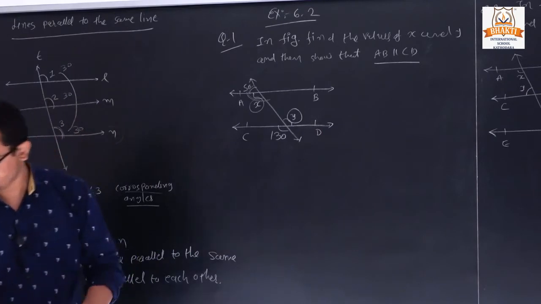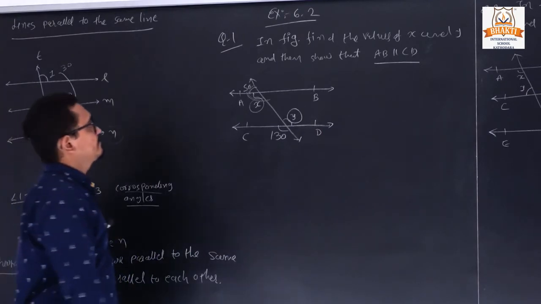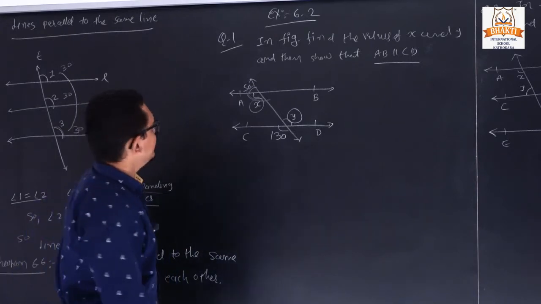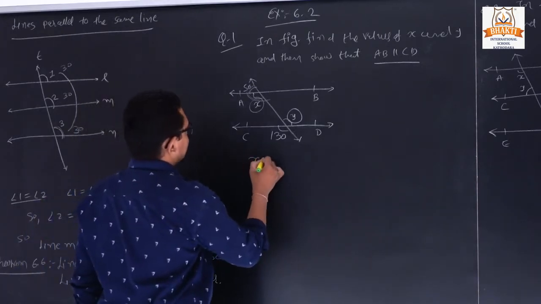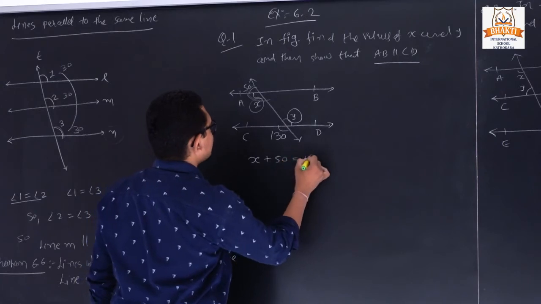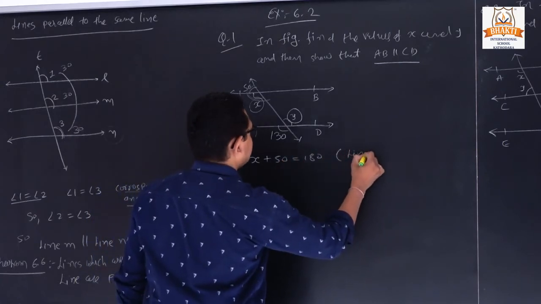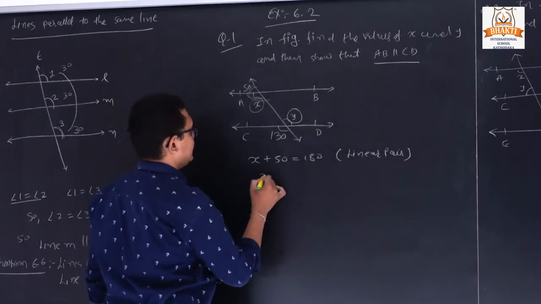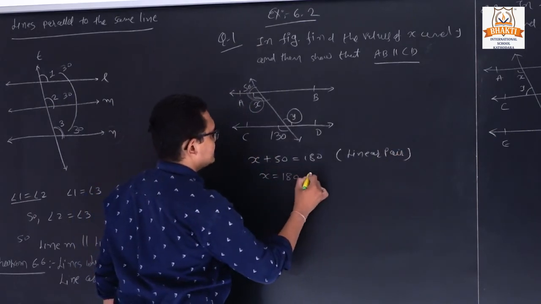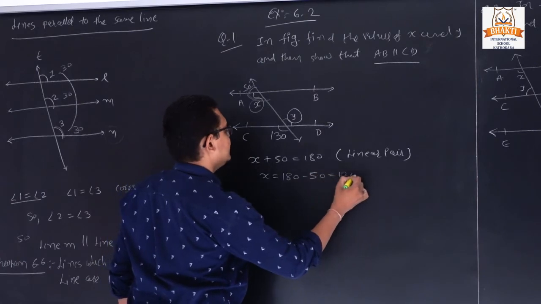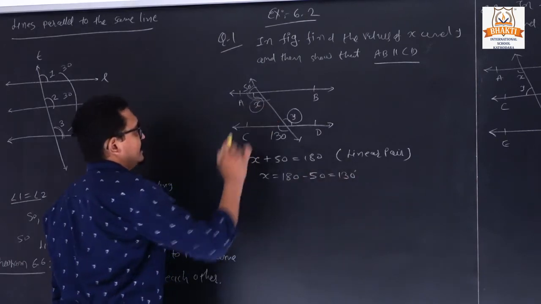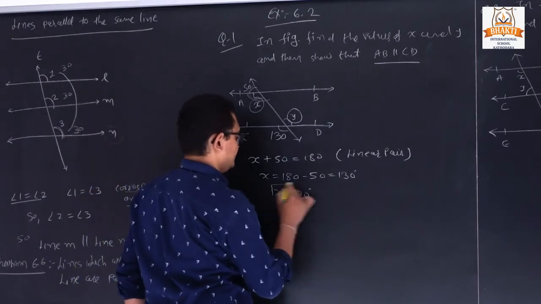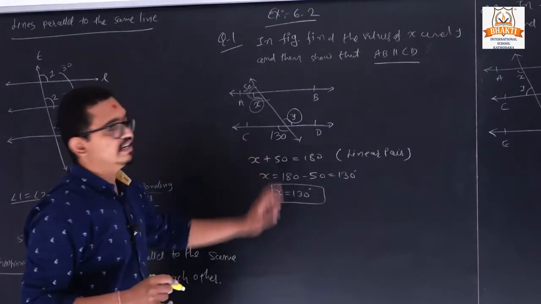Now see that here it is a linear pair. So we can write x plus 50 is equal to 180 (linear pair). This 50 goes to the other side, so 180 minus 50 is 130 degrees. So this angle will be 130. Now we want to find the value of y.